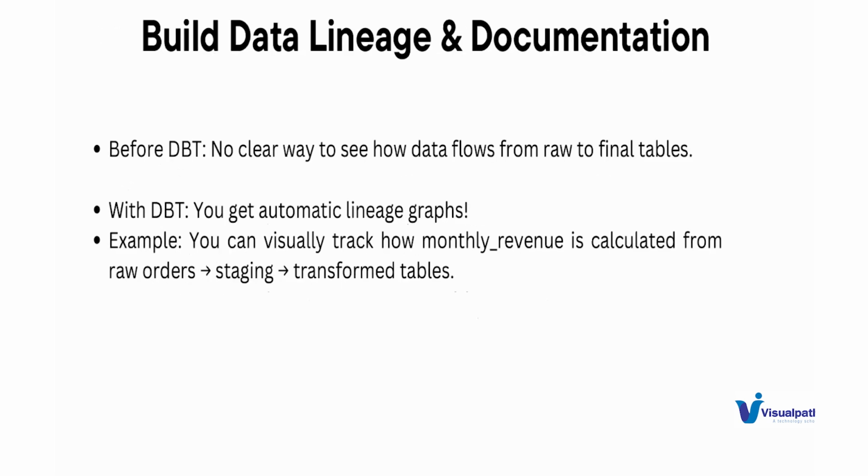Then lineage. What basically lineage is, usually before DBT, when we used to do the transformation, sometimes in a pipeline, if we want a specific report, the report is coming from different tables when we join different tables.